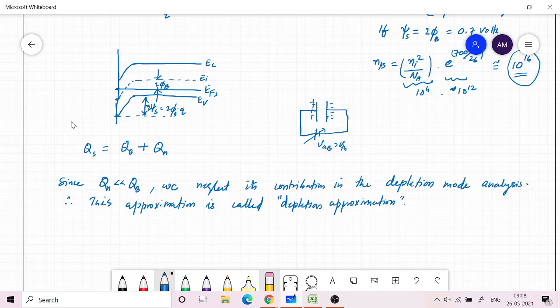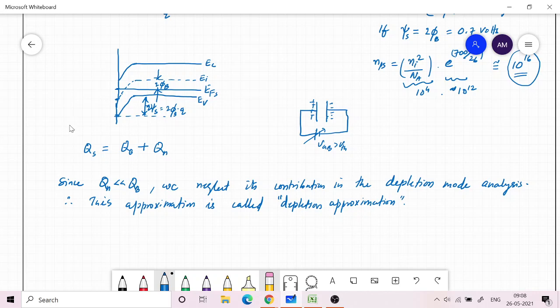Okay, so the negative charge on one side of the capacitor is entirely due to QB. That is what we have considered. But actually this is not true. After strong inversion happens, Qn becomes very significant, comparable to QB, and if you increase the voltage beyond VTH by a large amount, then you can even neglect QB, and Qn is going to be very high.